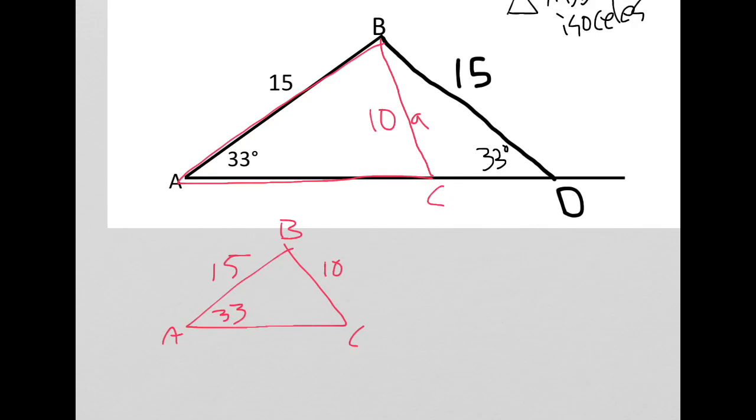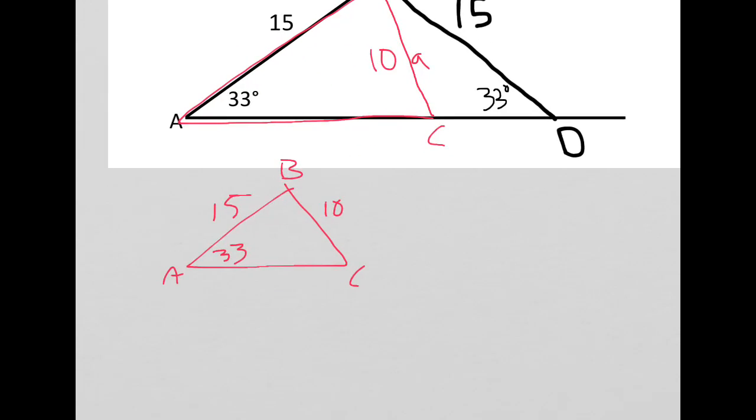Let's solve this triangle. What do we know? Well, we have two sides and an angle, so we can find angle C now. So angle C is going to equal the inverse sine of 15 times the sine of 33 divided by 10.